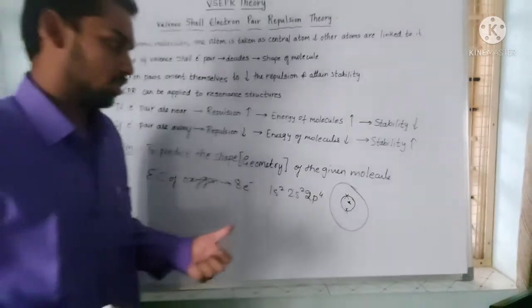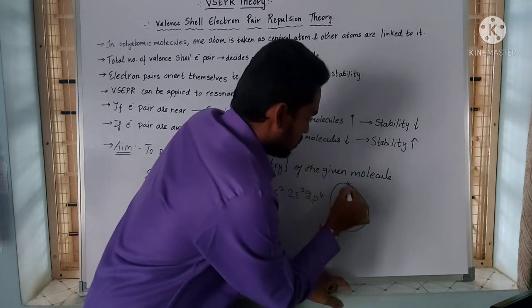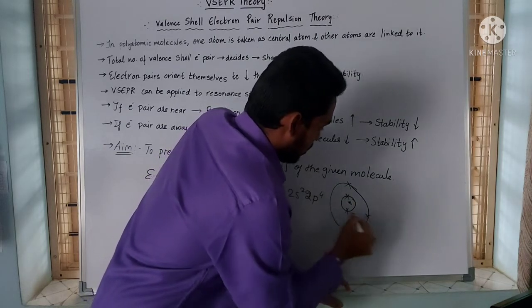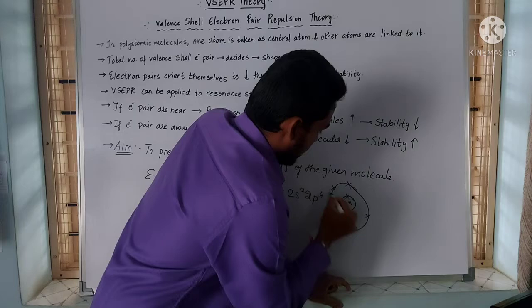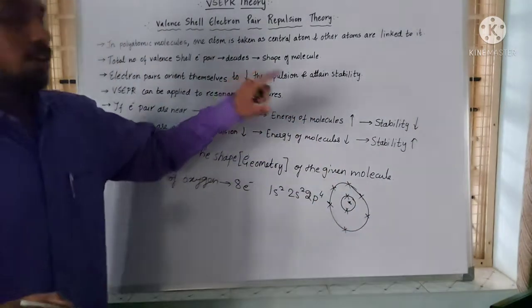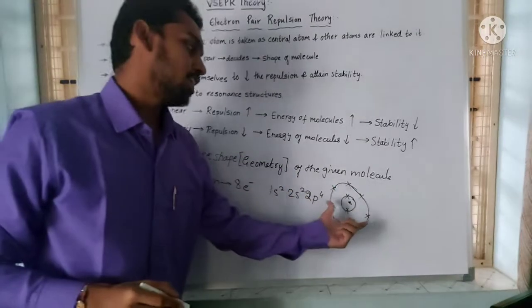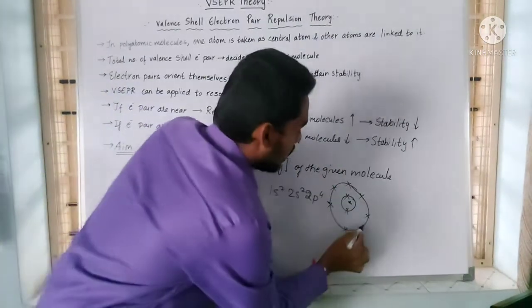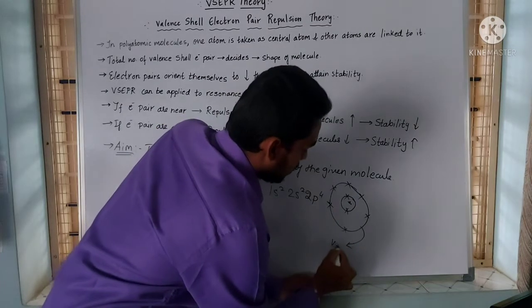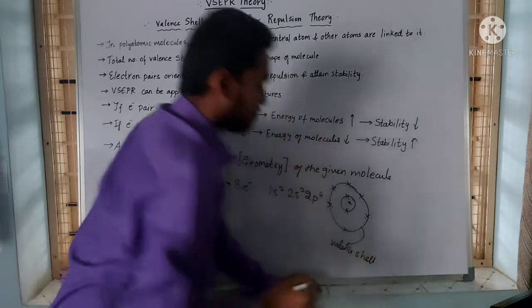Those 6 electrons are filled in the second shell, the L shell: 1, 2, 3, 4, 5 and 6. Now I have completed filling the 8 electrons. This last shell is called the valence shell.